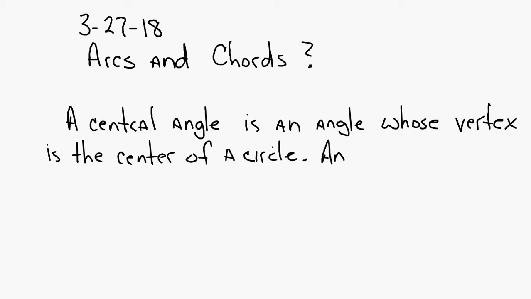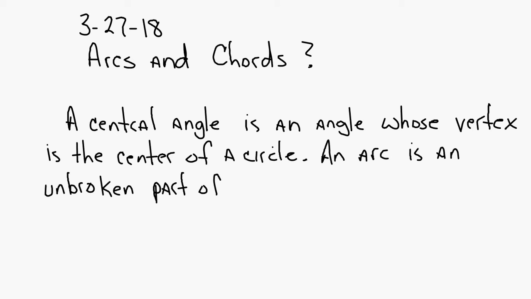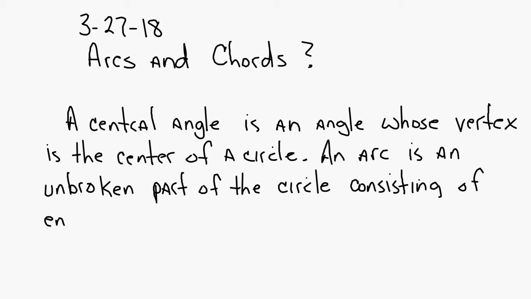And an arc is an unbroken part of the circle, consisting of 2 points called endpoints and all points on the circle between.